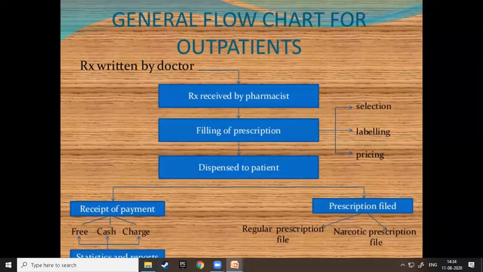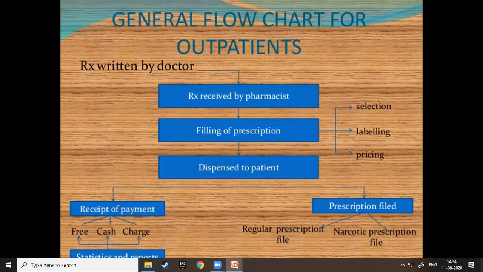Now this is the general flow chart for an outpatient: how a drug is received by the outpatient. It starts from prescription writing by the doctor. The doctor writes the prescription for the outpatient, and the prescription is handed over to the pharmacist.